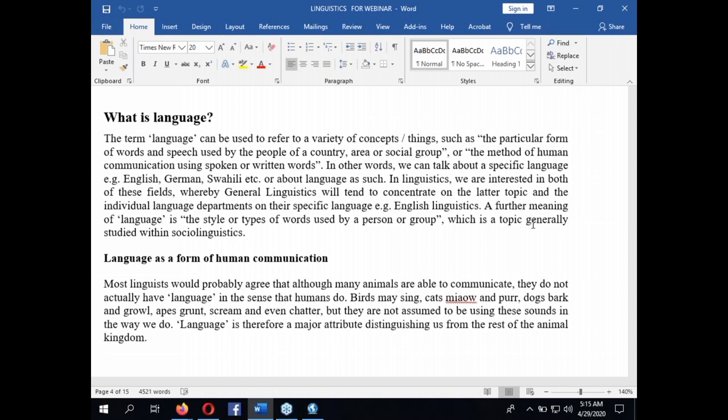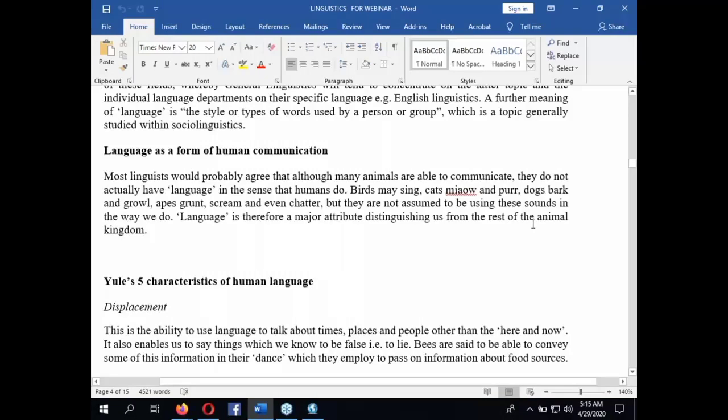Now, to put this in the right perspective, there are 5 characteristics which have been studied by Hockett. Hockett is a linguist. He brought up 5 characteristics of human language, which distinguish human communication from that of animals.